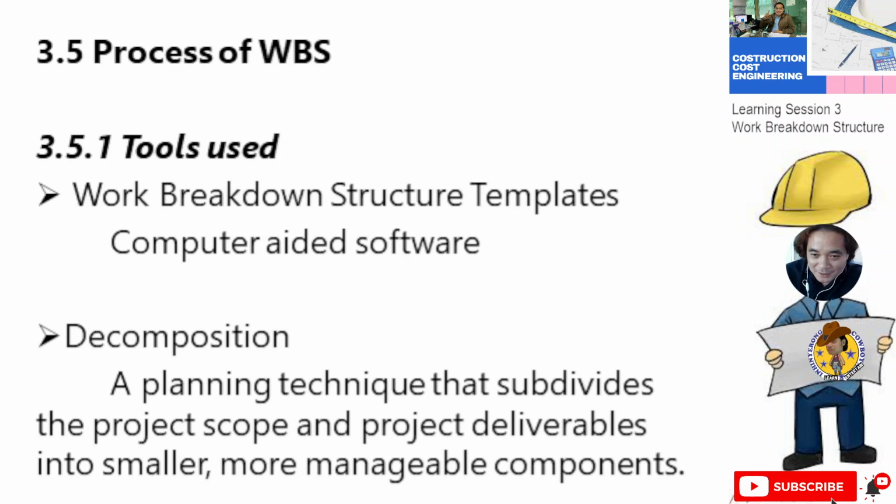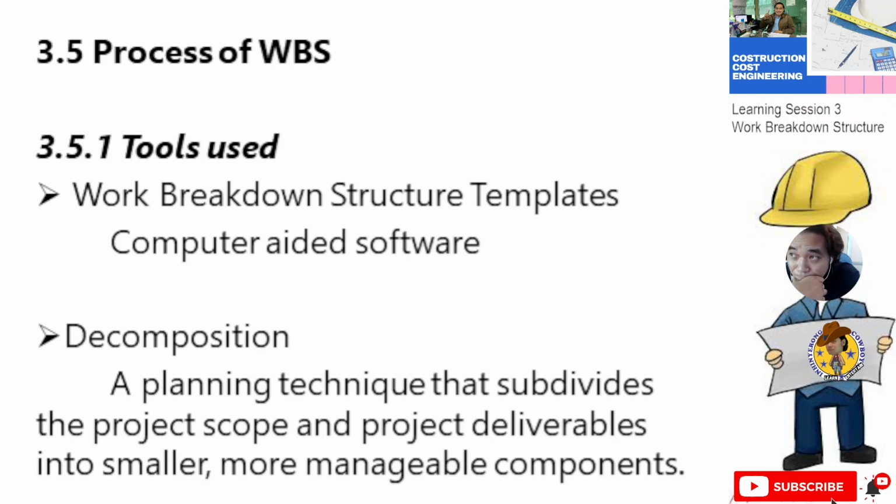Then we have the process of the WBS. Okay, so the tools used. One tool used in this one is the work breakdown structure templates. You have computer-aided software being used for this one. I think Primavera is one.